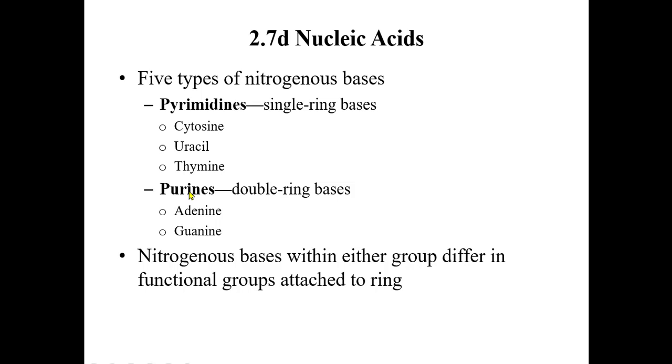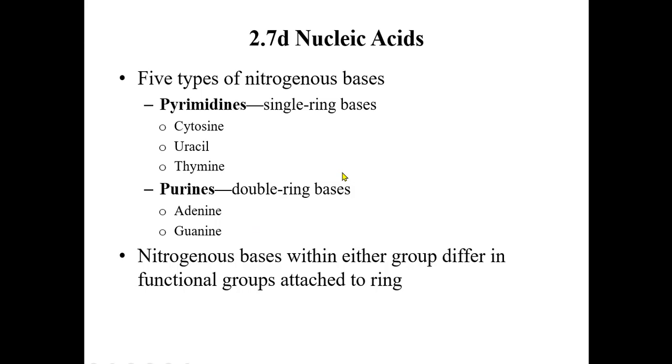So purines will have two rings, a double ring. Nimish, how will I remember this? Do you have a shortcut for this? Remember the word page. P-A-G-E. P stands for purine. A stands for adenine. G stands for guanine. And the E is extra just to remember the word page. Okay, that should help you there.